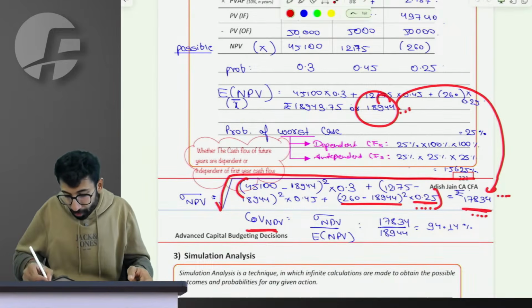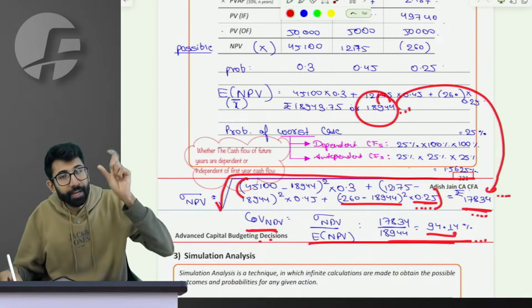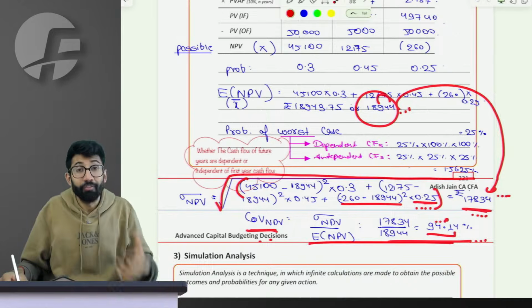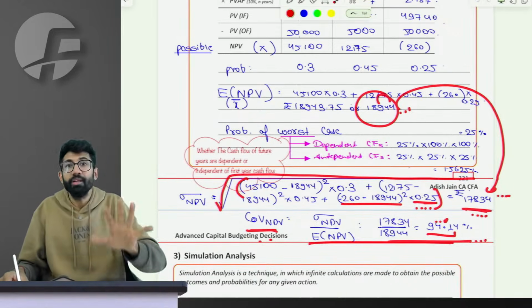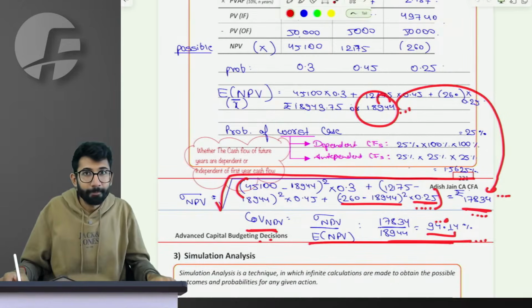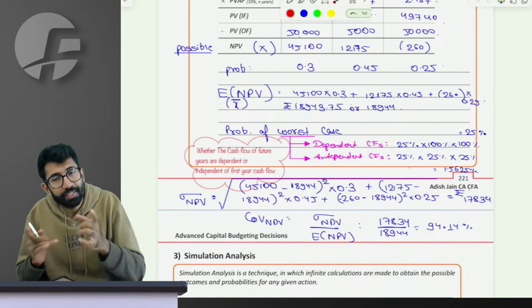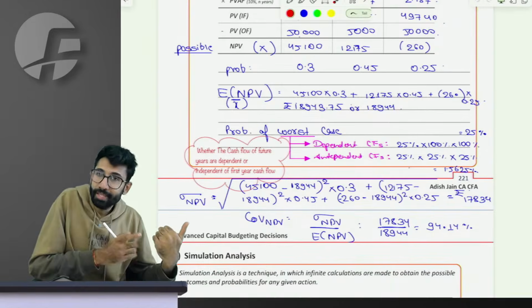The coefficient of variation can also be calculated for that, which is an NPV can deviate by 94% of its value. If I am expected to earn 100 rupees, that can deviate by 94 rupees is what my conclusion is. Yes. Can you all please realize the thought process for scenario analysis is somewhere in the flow of the previous things that we have done.